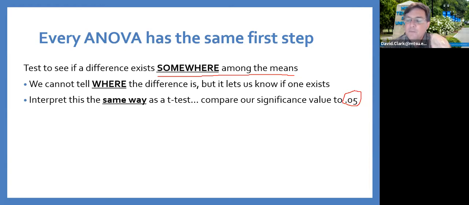Remember, the p-value is just a probability that the difference you see is because of randomness or error. Anna, the p-value doesn't mean anything unless you compare it to what your accepted risk of that is. That's the alpha.